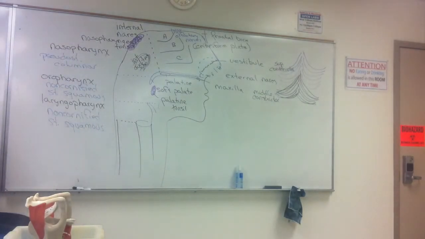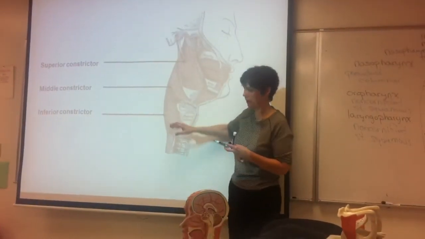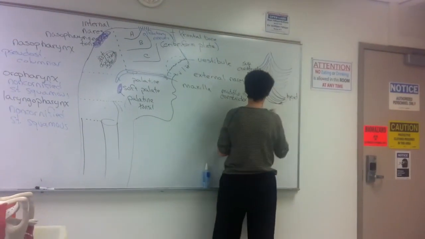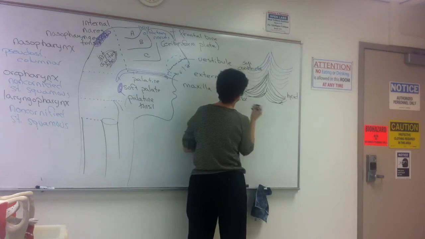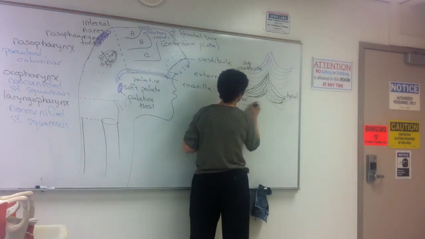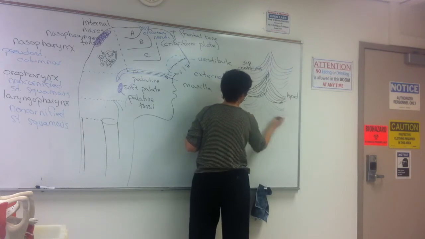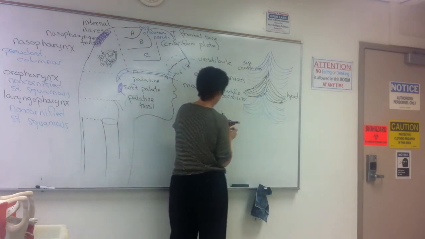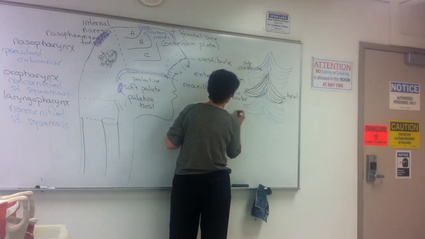So here's superior, here's middle coming off the hyoid, and then inferior comes off the thyroid cartilage of the larynx or voice box. And wraps around, so that would be the posterior view, enclosing the throat.